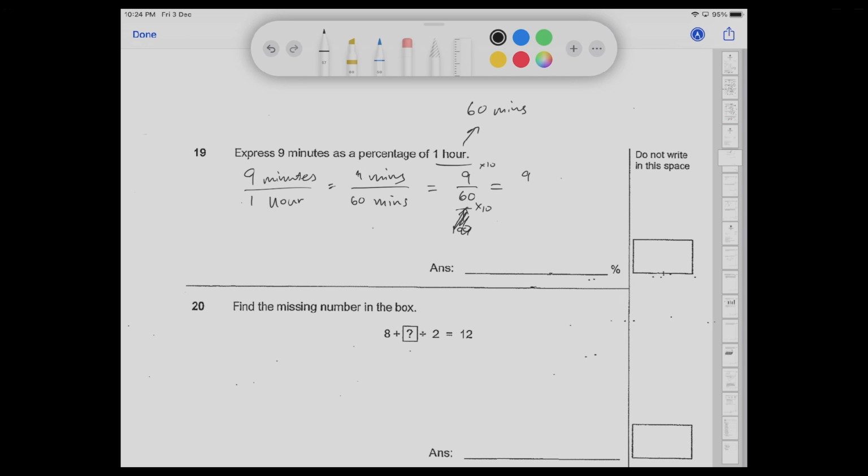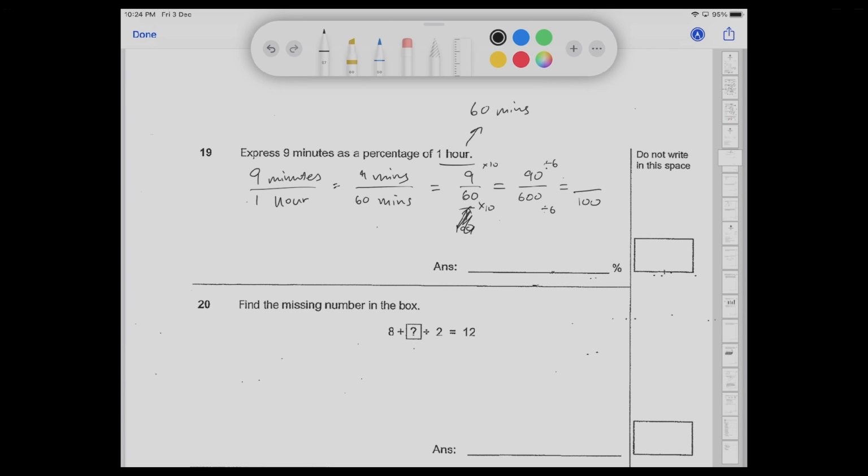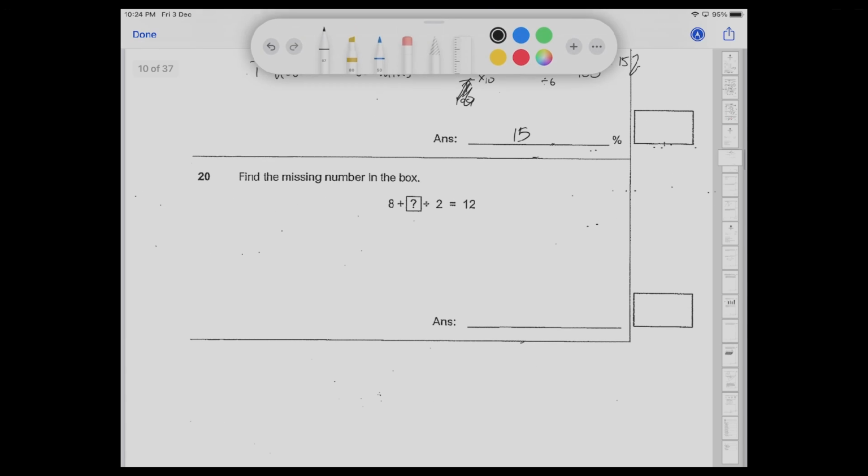You would get 90 over 600, and then you divide by 6 to get 100 as the denominator. So 90 divided by 6 is 15. So 15 over 100 is 15%. Bam. Question 20. Find the missing number in the box.